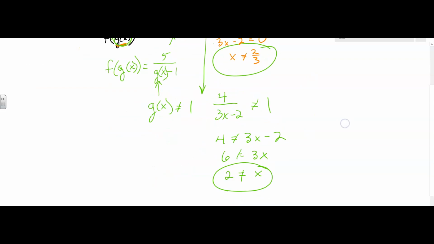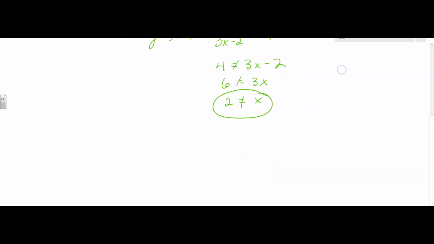So we want to write the domain so that x does not equal 2/3 or 2. And I want to show you this in interval notation. So, the domain of f of g of x.